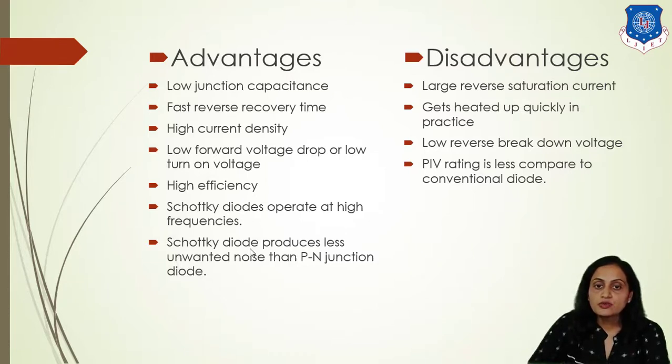Schottky diode produces less unwanted noise than the PN junction diode. Now, a few disadvantages include the large reverse saturation current flowing through the Schottky diode, and it gets heated up quickly in practice, low reverse breakdown voltage, and peak inverse voltage rating is less compared to the conventional diode. So these are the advantages and disadvantages of Schottky diode.